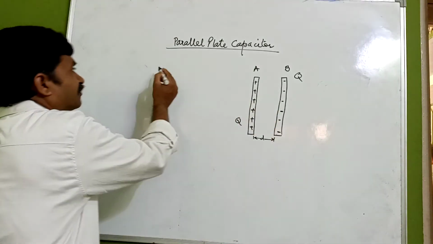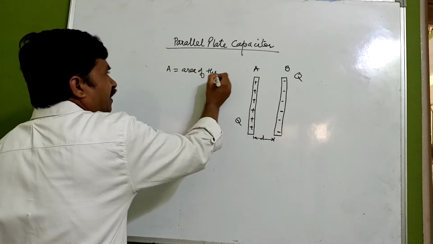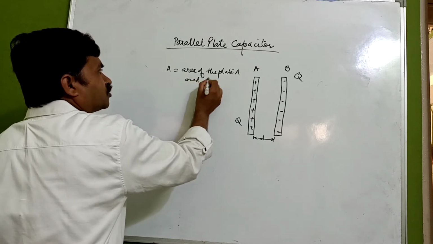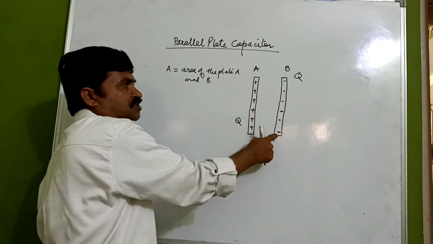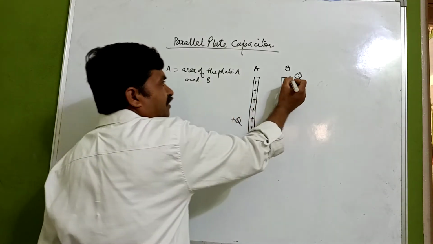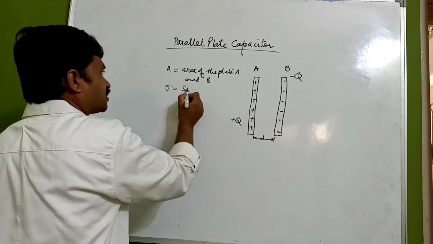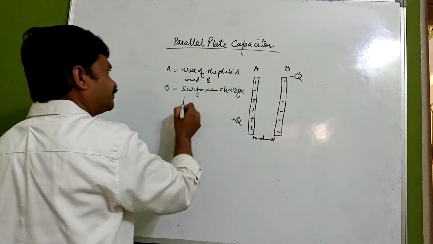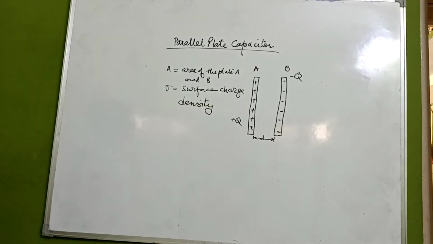Suppose A is the area of plates A and B. We have taken two plates, one positively charged, the other, plate B, negatively charged. This is a positive Q charge and a negative Q charge. Sigma is the surface charge density.